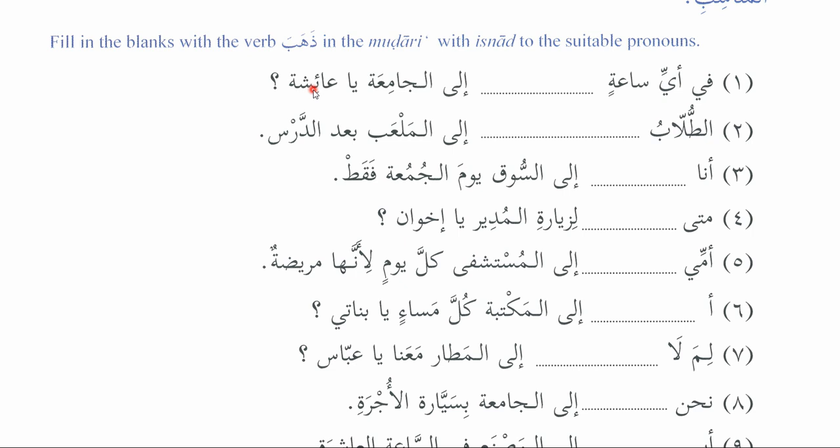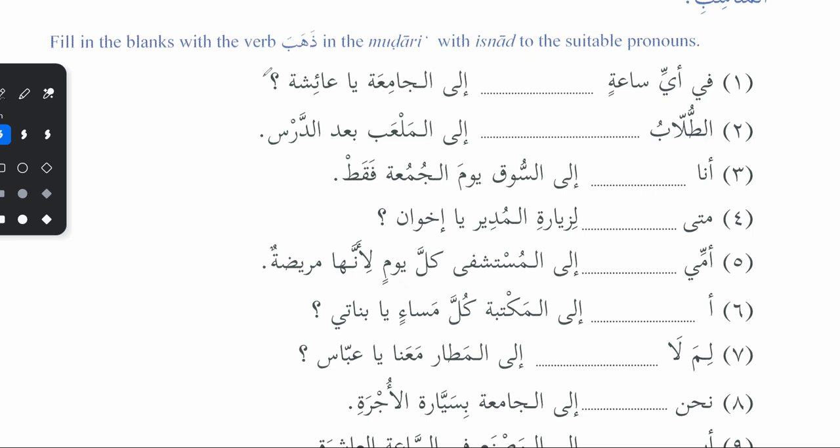So just reshuffle the table. You have to go to the mukhatib and to whom? The feminine singular. So you're going to take anti, and what should be the structure with the dhahaba? Remember first, the ya harf nida tells you the mukhatib.